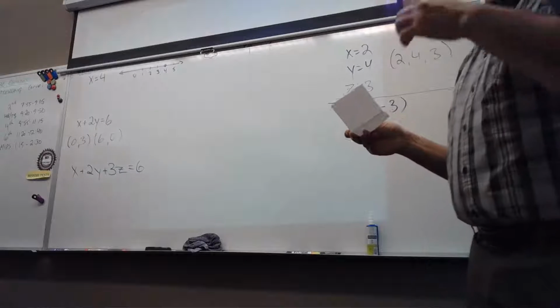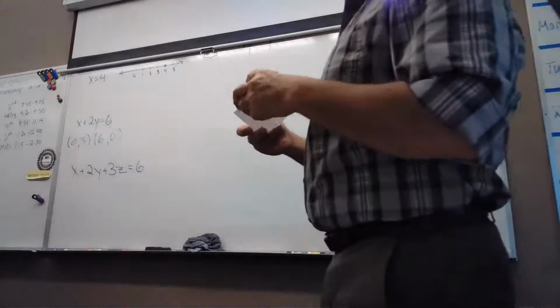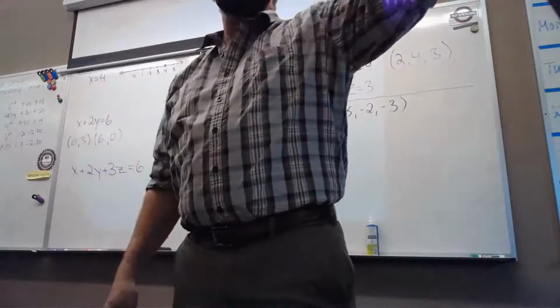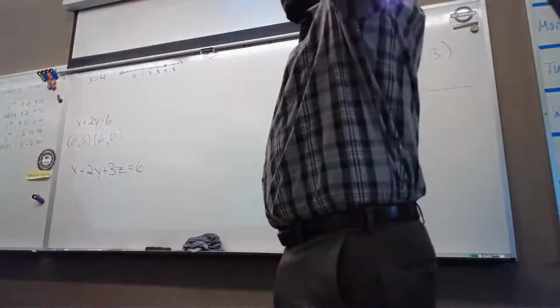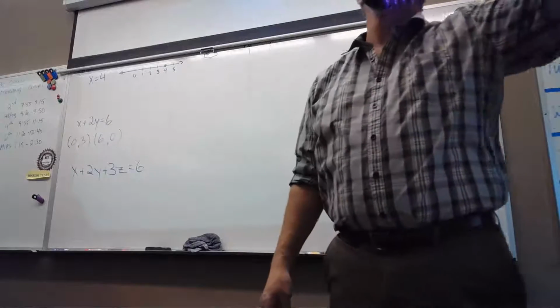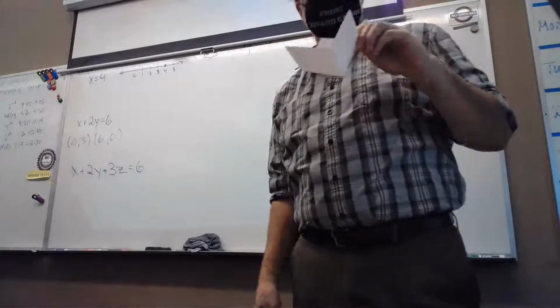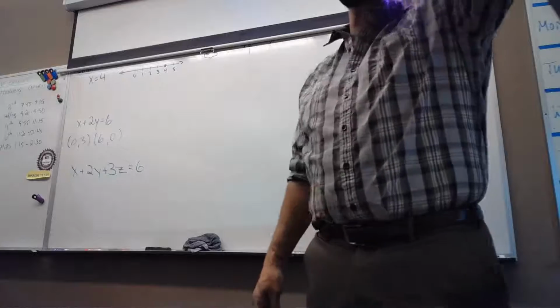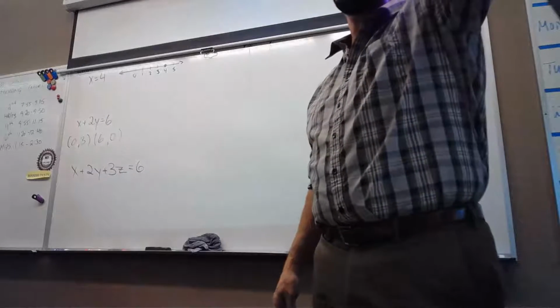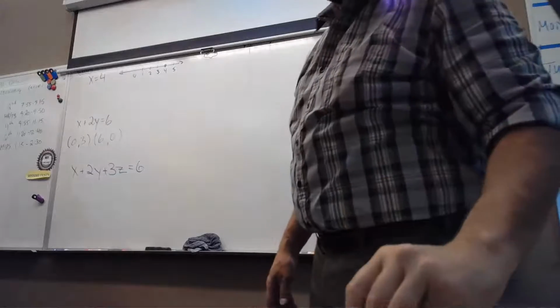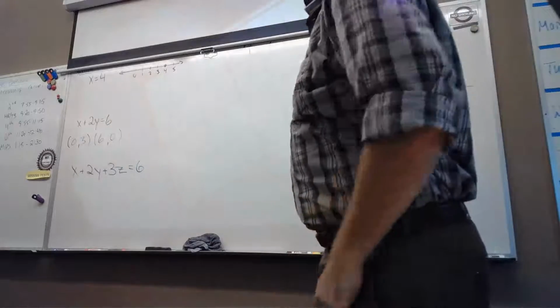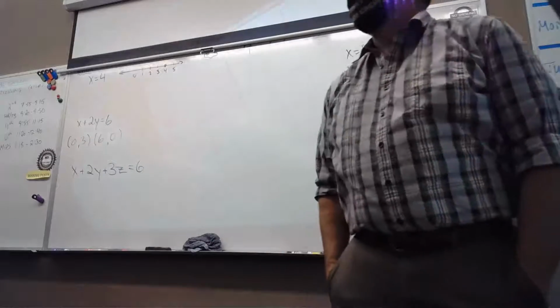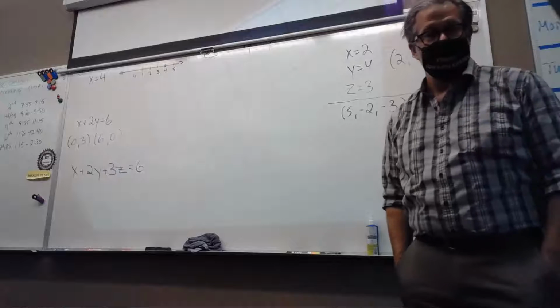So if I wanted to make a full coordinate system, how many of these would I need? Discuss with your partner. How many of these do I need for a full coordinate system? You gotta put one on each other side.